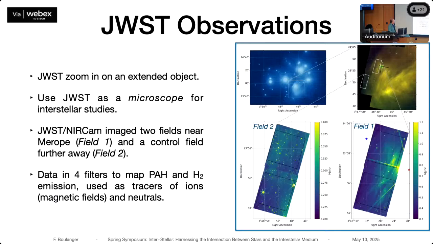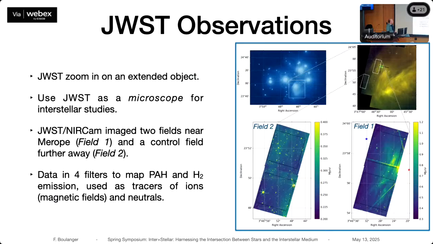And those are the two images we obtain in PAH emission, but we really observe these two fields in four filters, and the four filters are designed so that we can separate two tracers: the PAH emission in the near infrared, and the molecular hydrogen through its fluorescent near infrared ro-vibrational lines.